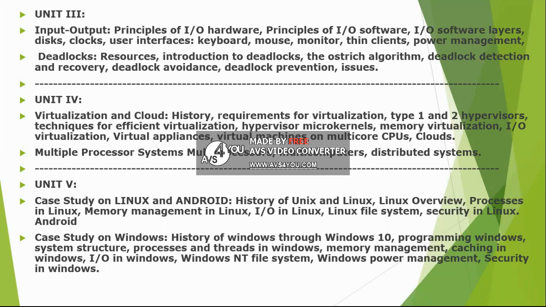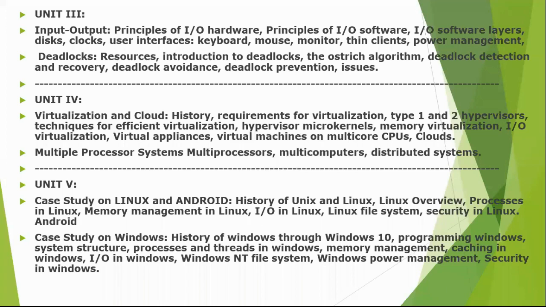Then deadlock avoidance, how deadlock can be avoided and prevented, and the issues related to deadlock. Unit 3 is basically a simple unit. We'll discuss the principles of IO hardware and IO software; IO stands for input and output. Then we have deadlock.